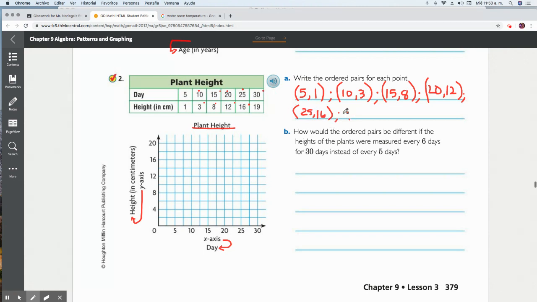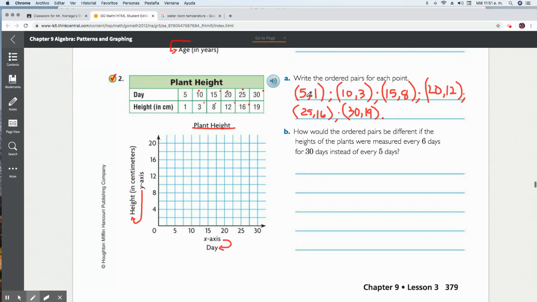Then on day 30, the plant was 19 centimeters tall. So 30 comma 19, and that's it. So these are the ordered pairs that we're going to use. Let's go ahead and plot them right now before we answer letter B.